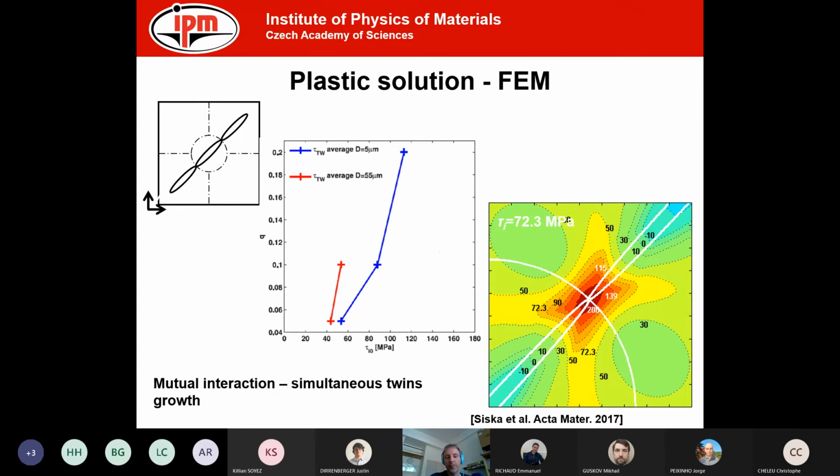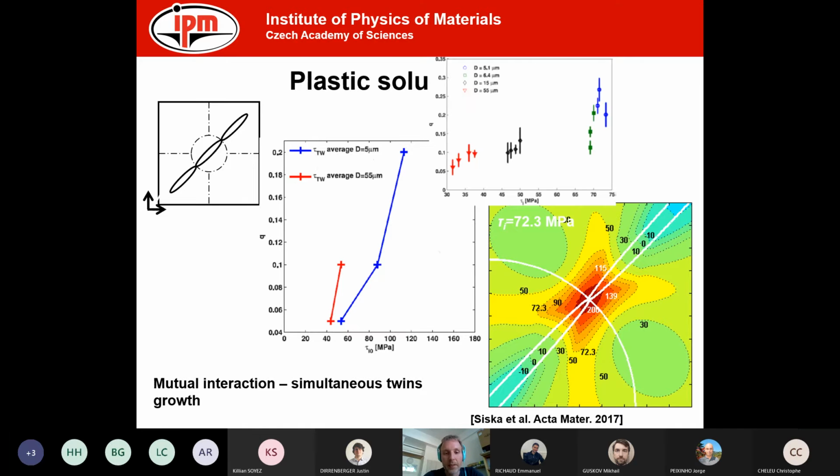And if we made the same procedure as before, we were trying to find the point of 0 average stress inside the central twin. And if we compare this equilibrium condition for each aspect ratio, we can see that the level of the initial stress needed to reach this equilibrium condition decreases.